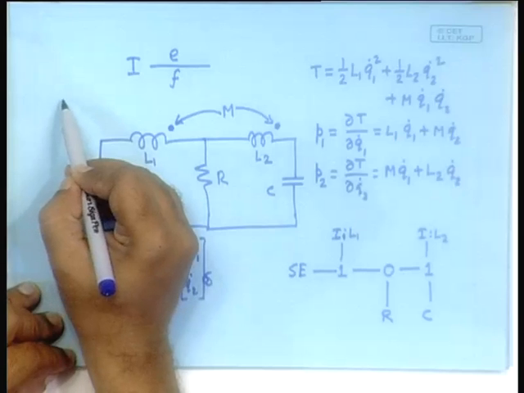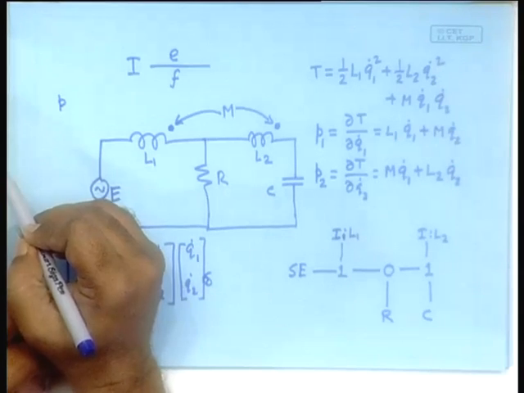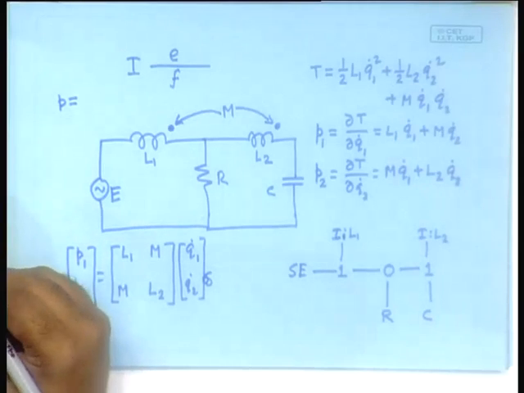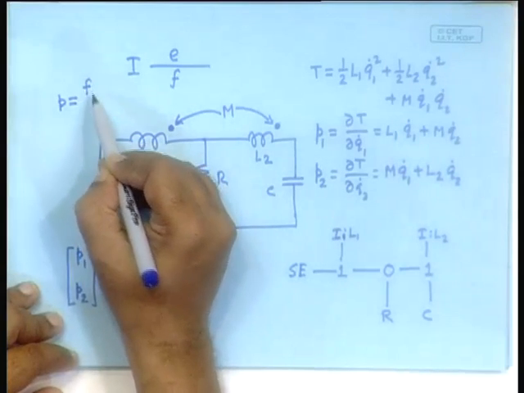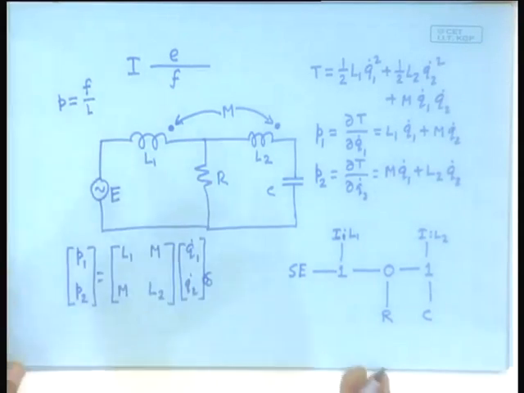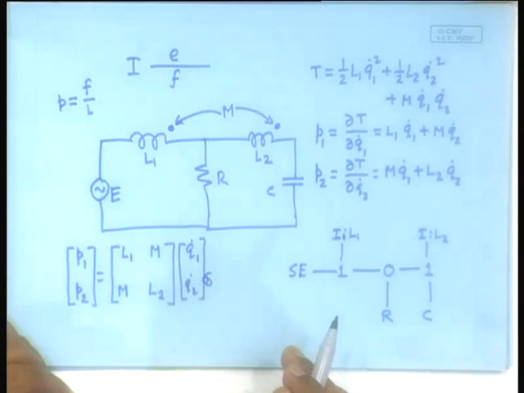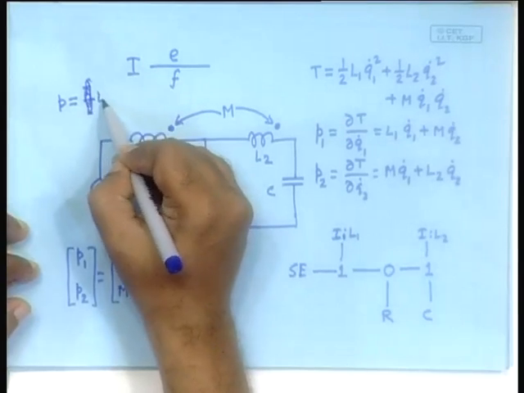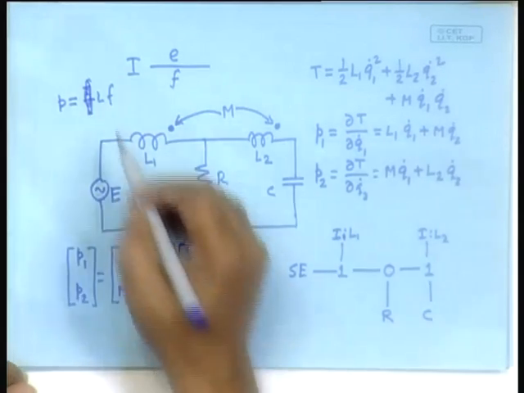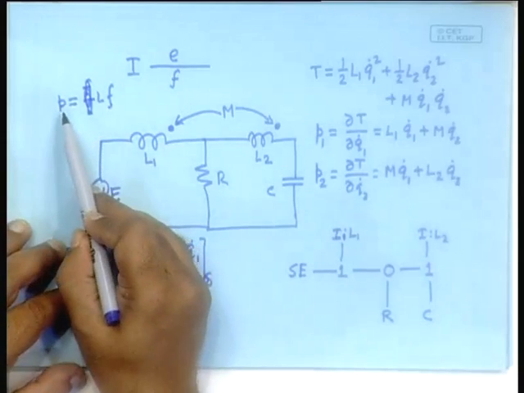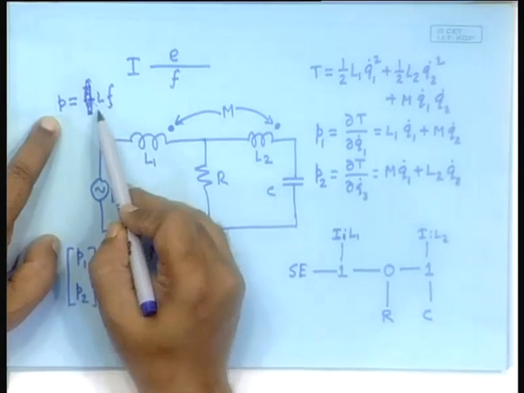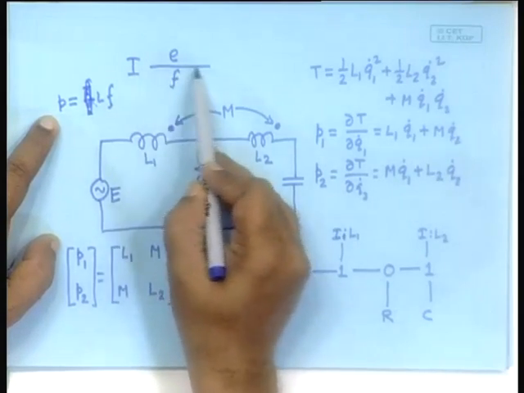You would write P is equal to L into the flow. So, in this case, the momentum is just this number times the flow in the same bond, which is why it can be represented by one bond.